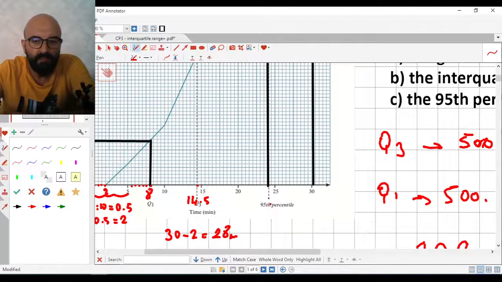Each square means 0.5, 2 squares means 1, and 25 minus 1 becomes 24 minutes.